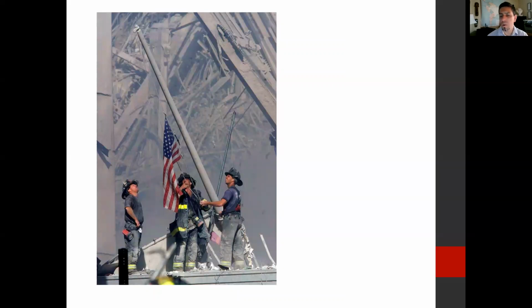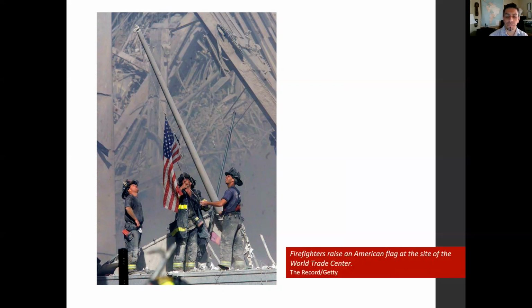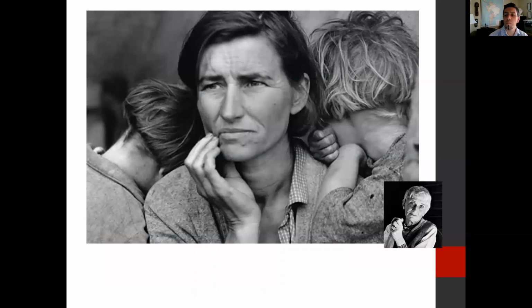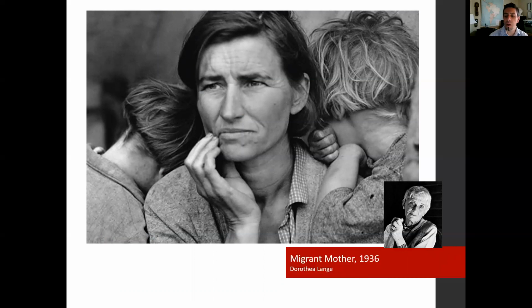Here's another one that we recognize, right? It's imprinted in our mind's eye. 9/11. Here's another beautiful one as well from the Dust Bowl. Most of you probably also recognize it.